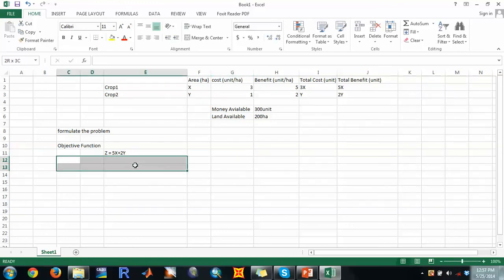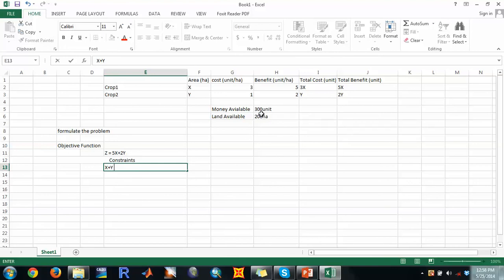But there are constraints. What are the constraints? One, the land is limited. What is the total area we have? For crop 1 we have area x, for crop 2 we have area y. So the total area should be x plus y, right? But we have limited area, which is only 200 hectares.